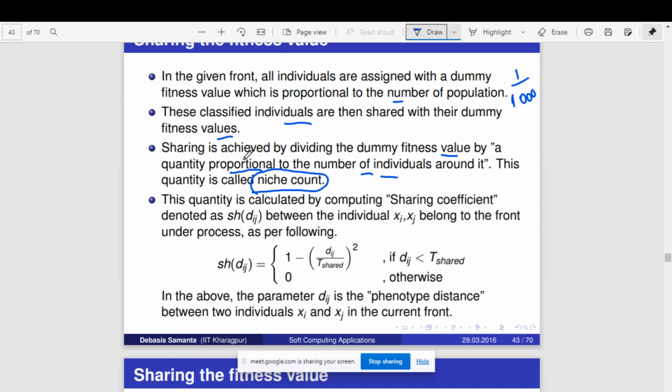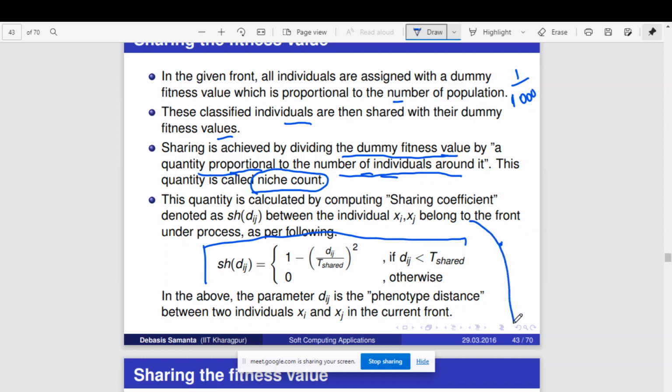If you read this, sharing is achieved by dividing the dummy fitness value by a quantity proportional to the number of individuals around it. So there are different ways of doing this. Here one method is shown. Sh(dij) is equal to 1 minus dij divided by sigma share, the whole squared, where dij represents the number of individuals who are the neighbors.